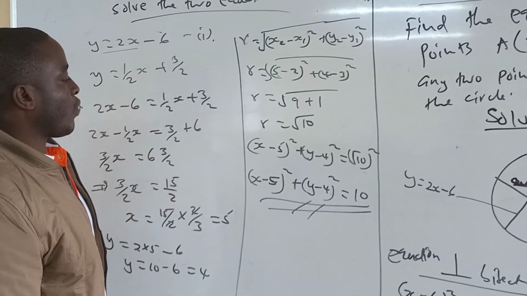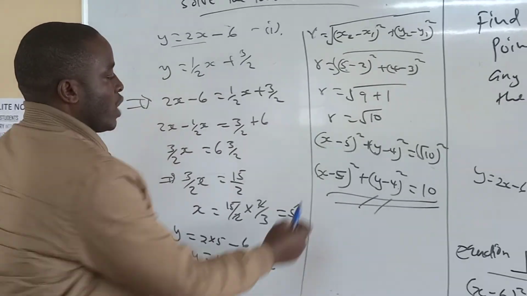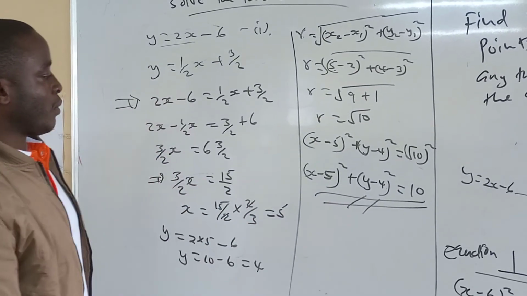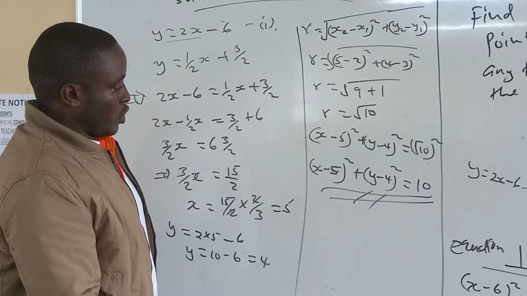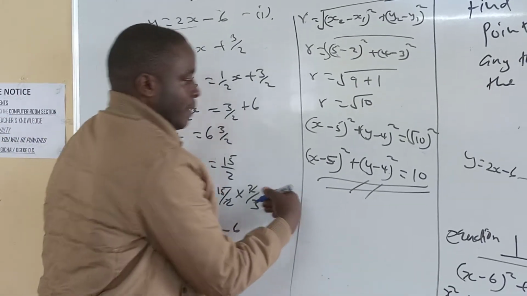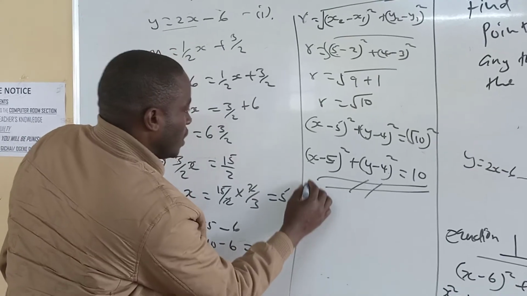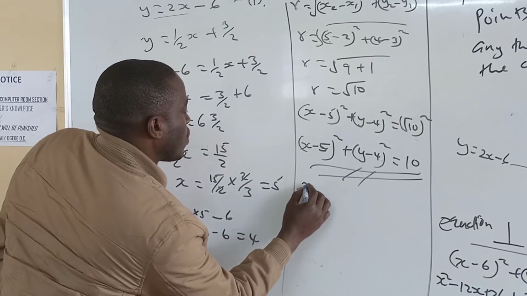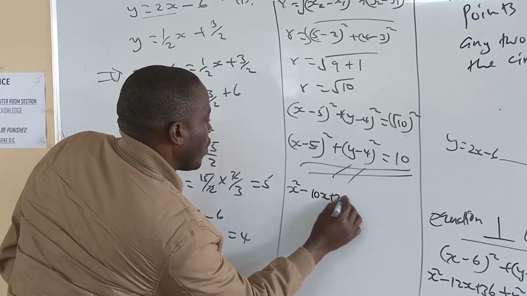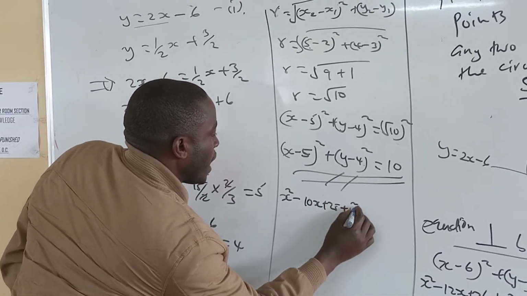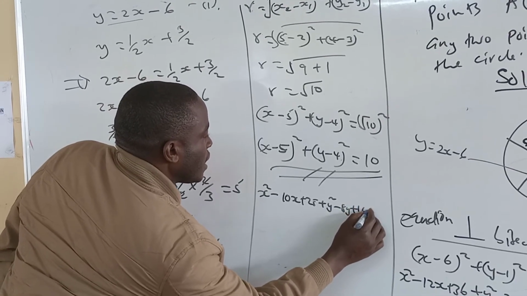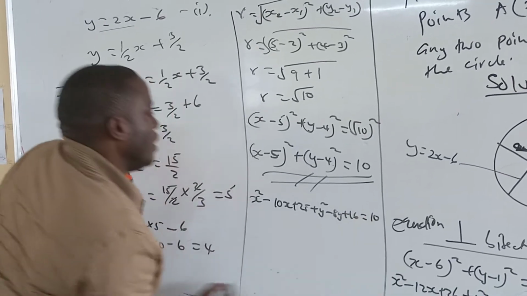If you are told to give another form, you expand this and put like terms and the numbers together to get the equation. But at this point, you can leave it as it is or expand into another form. To get the other form, you just expand. This gives you x squared minus 10x plus 25, plus y squared minus 8y plus 16 equals 10.